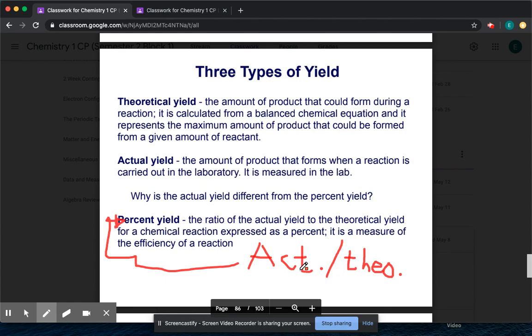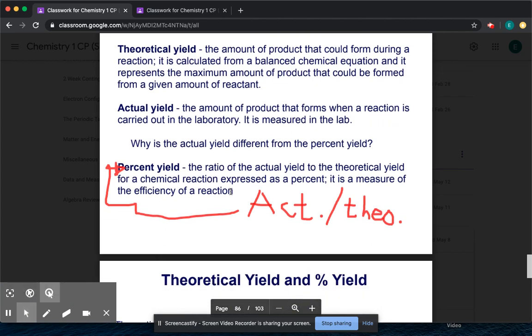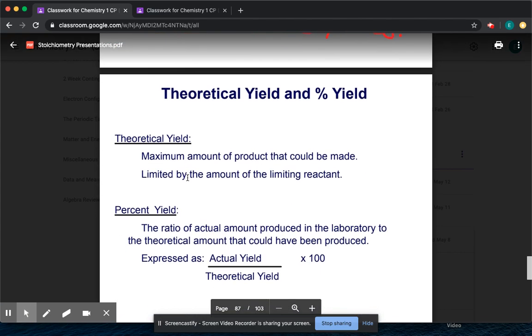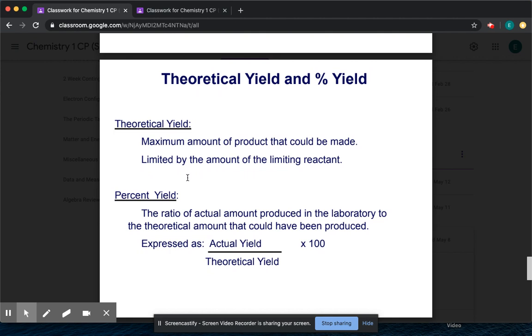So this number has a maximum. It can only be a maximum of one, because anything divided by itself is going to be one. That's the highest it can get, and then the decimals or the percentages afterwards. So it's actual divided by what you were supposed to get. That is your percentage. How do you find this?